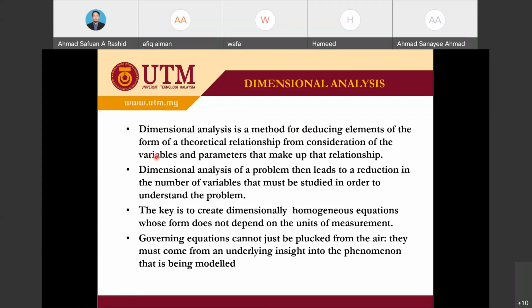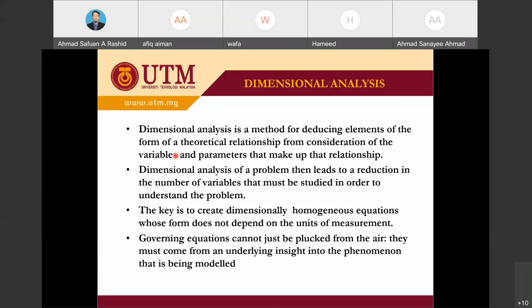So in this dimensional analysis, we need to consider the input and also the output. I will show some examples later on. Dimensional analysis of a problem leads to a reduction in the number of variables that must be studied in order to understand the problem.